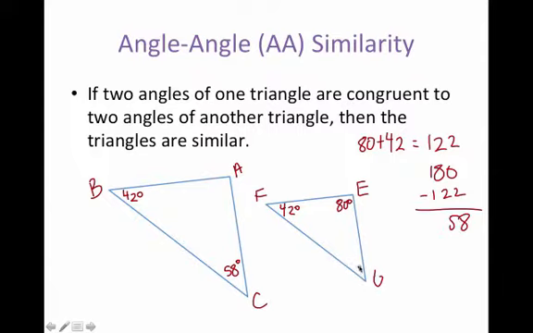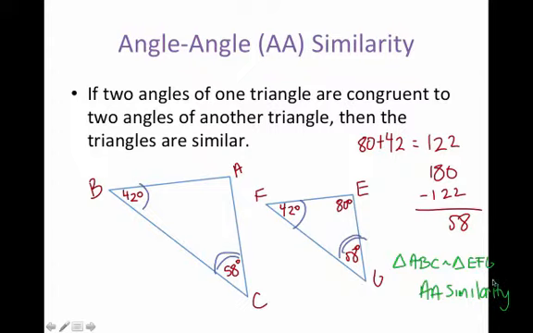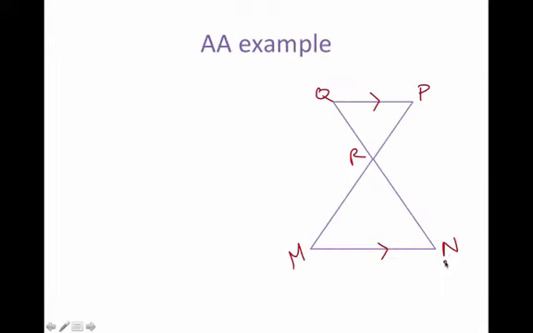So that means that angle G is 58 degrees. Because angle B and angle F are congruent, and angle C and angle G are congruent, then I know that triangle ABC is similar to triangle EFG by the angle-angle similarity postulate.